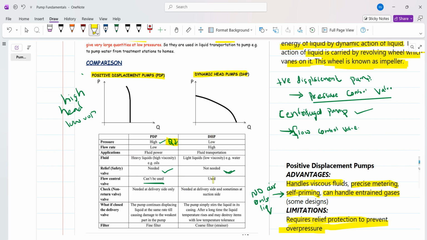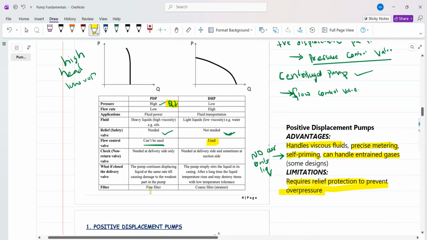In the dynamic head pumps we use the flow control valve due to the high flow rate. A non-return valve will be needed at the delivery side, sometimes at the suction side.